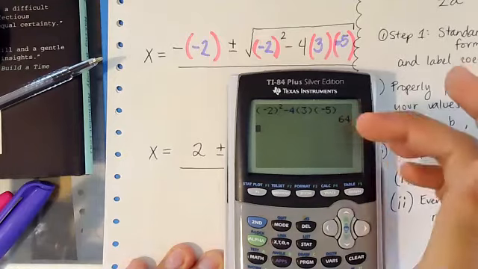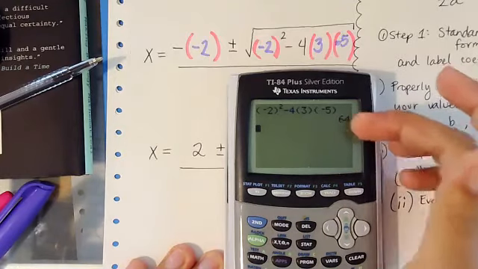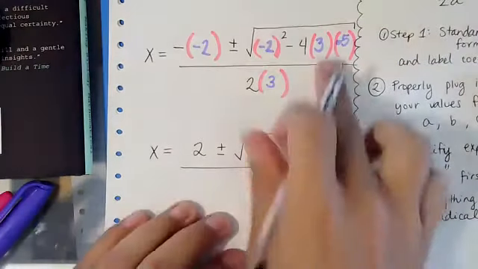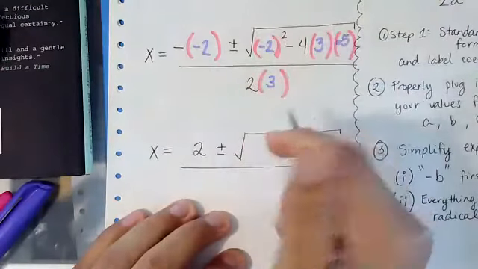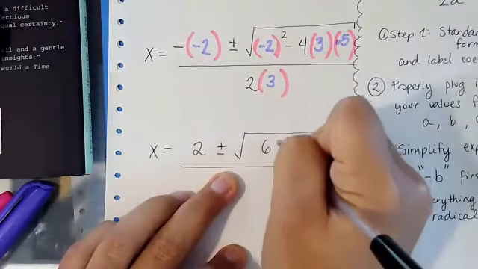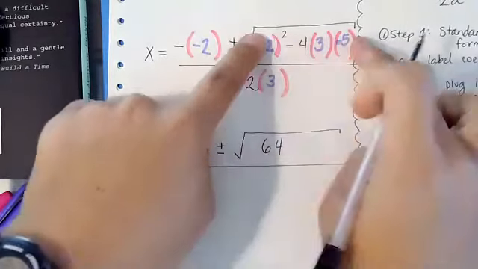Now, the reason why you want to do this is because if you were to get a negative number here, then the calculator would not be able to take the square root of it. So to be safe, simplify the inside first.